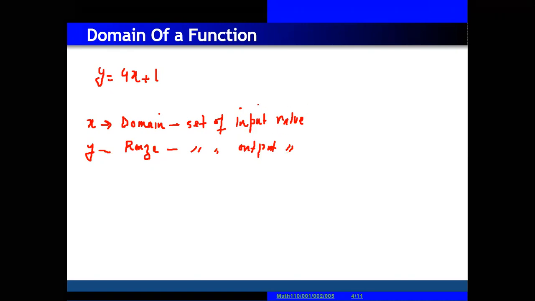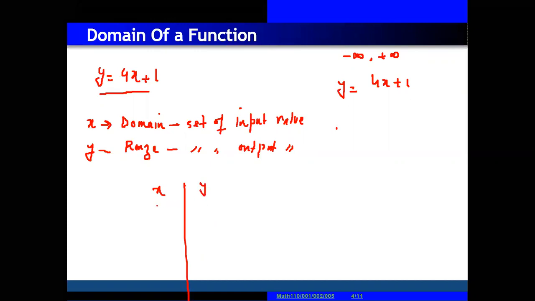For example, you know that y is equal to 4x plus 1. So if we give any value from minus infinity till plus infinity, this will give us some value, starting from 1. So when x is equal to 1, let me write a table here, x and y.